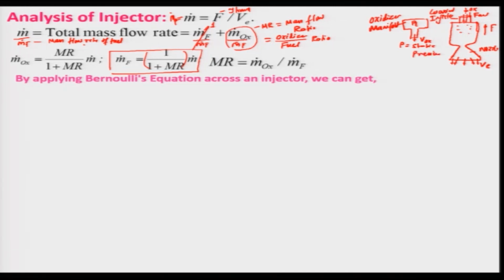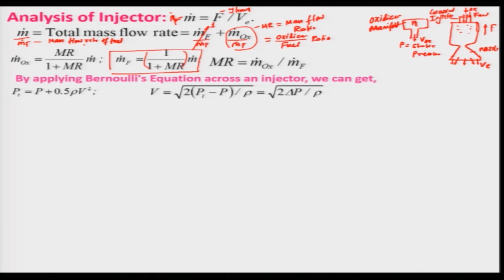So, by applying Bernoulli's equation to this injector, I can get P_t is equal to P plus half rho V squared, and this rho is the density of the propellant; it can be oxidizer, it can be fuel, it can be anything.